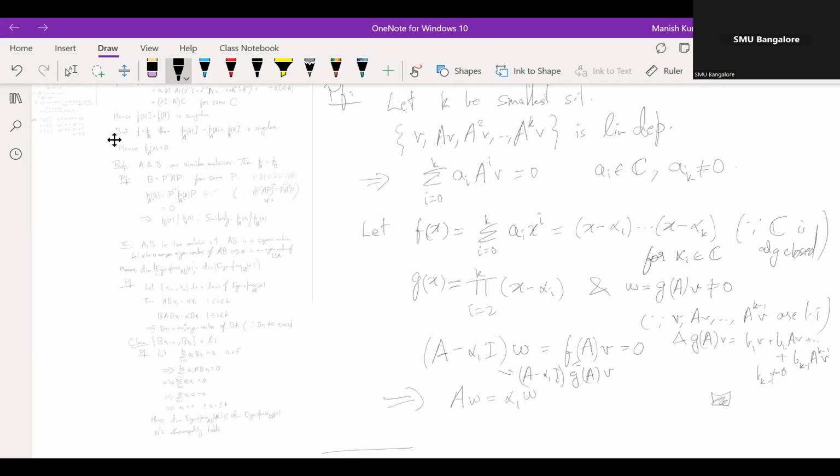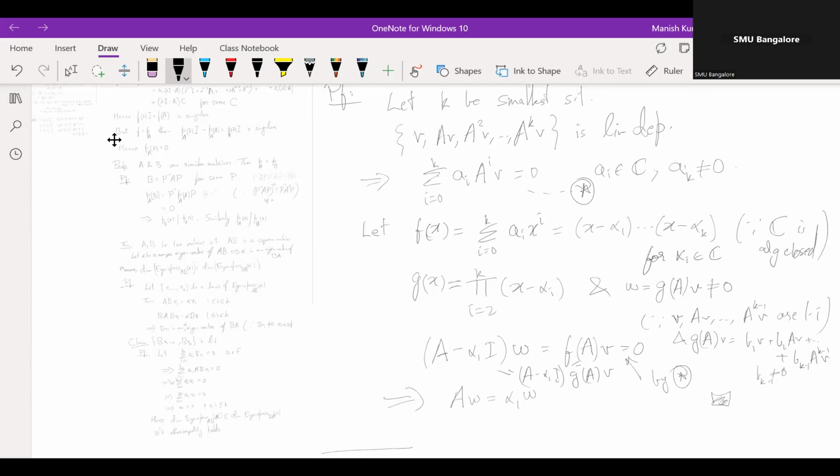If you multiply that, you get f(x), and then plugging in A, you get f(A) times v. But f(A) times v is 0 by star.